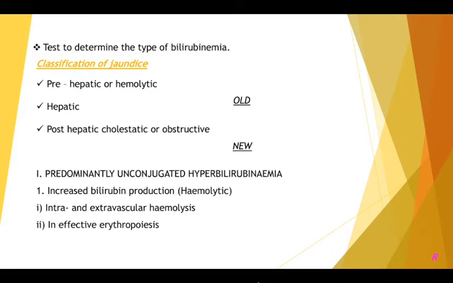It is the process of production of RBCs. So if any damage happens in erythropoiesis, there will be production of impaired RBCs, which will get destroyed easily. The produced RBCs are not good, so they will rupture easily, so there will be more bilirubin production.